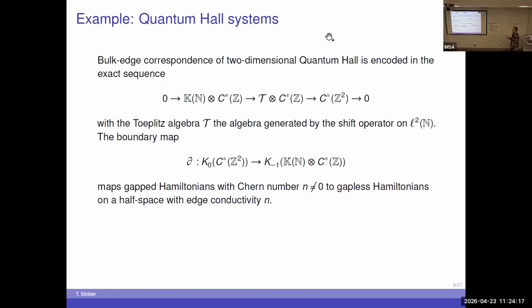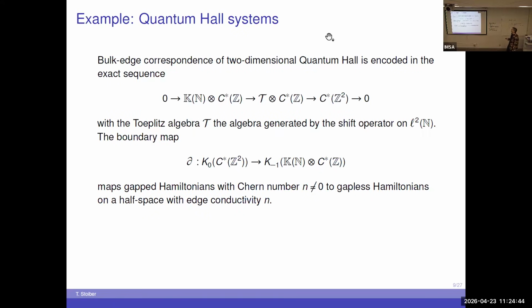Some people would call it just the continuous functions on the torus. You have a half space system, which mathematically is the Toeplitz algebra tensor some one-dimensional algebra of translation-invariant operators. And you have an edge algebra, which is basically one-dimensional, so an algebra for observables at the edge, a quasi one-dimensional operator.